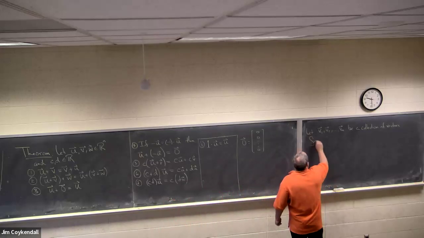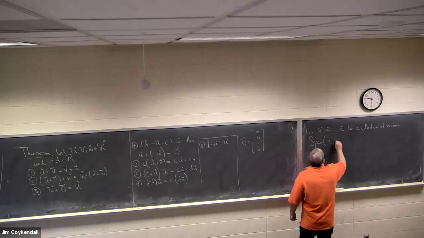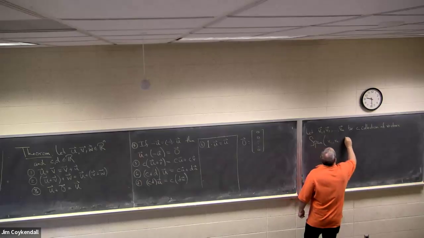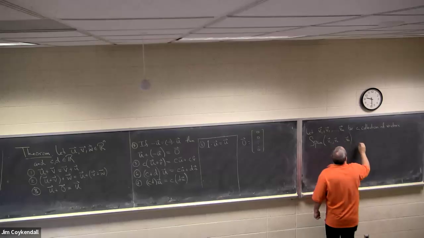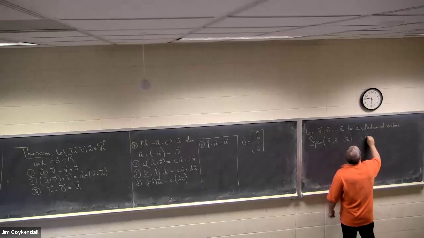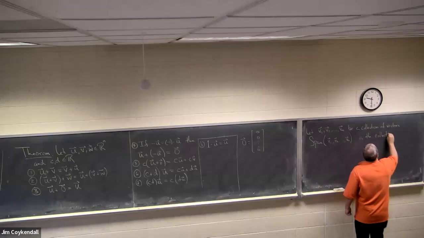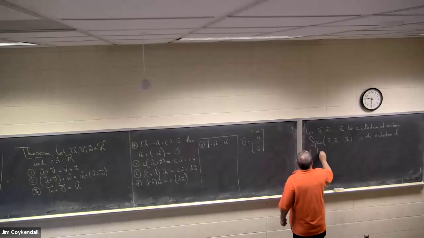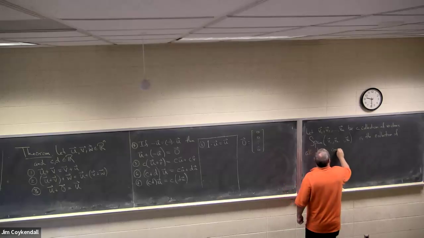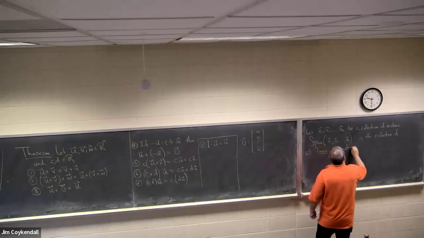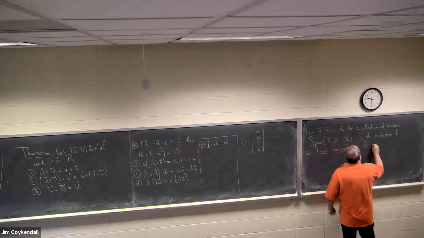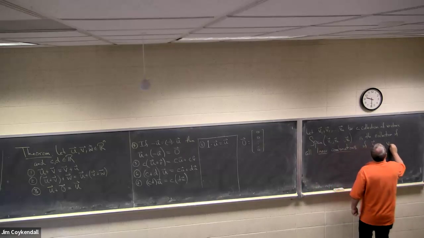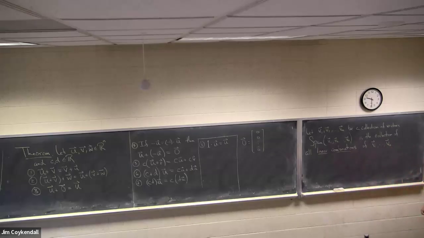The span of V1, V2, up to Vn is the collection of all linear combinations of the vectors V1 up to Vn. So when I say the span of this set of vectors, it is just every linear combination.